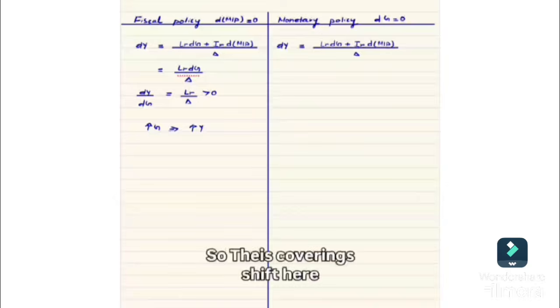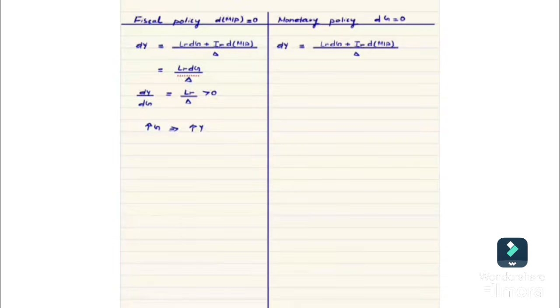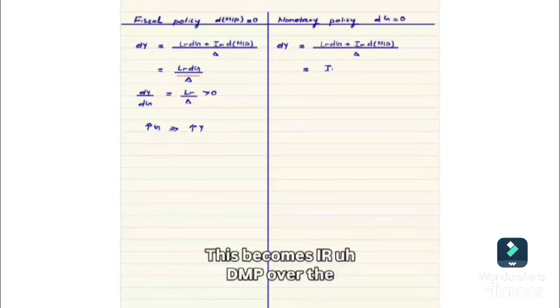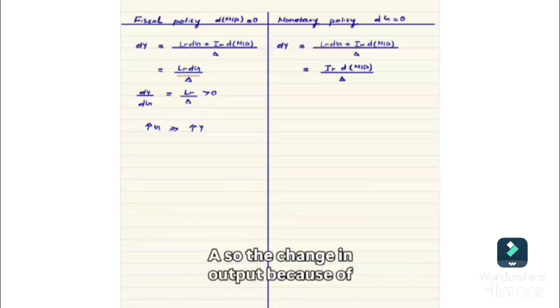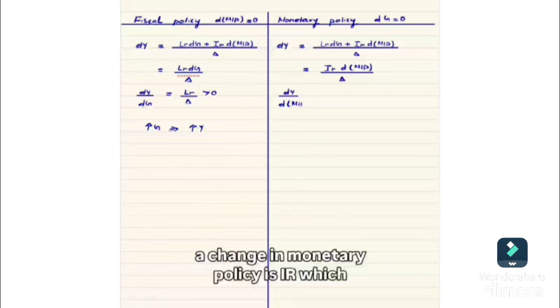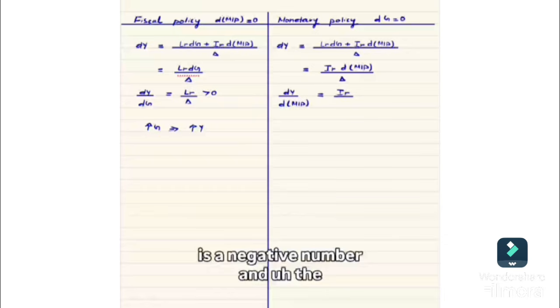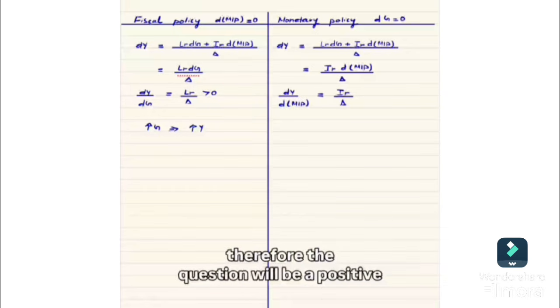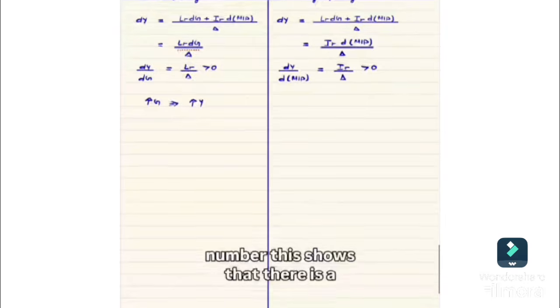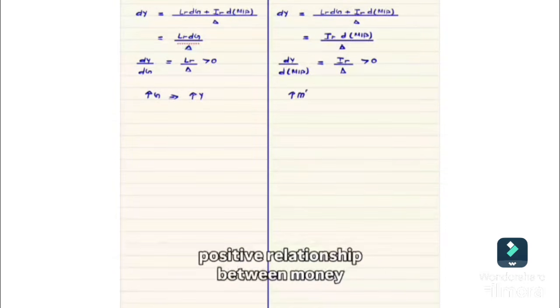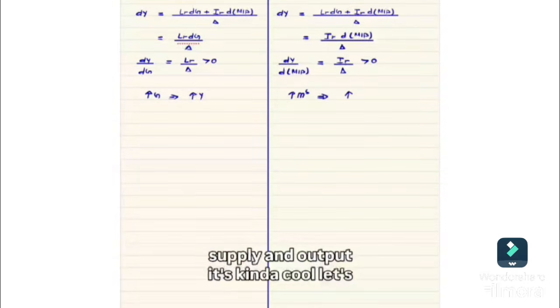This becomes IR dM over the determinant of matrix A. So the change in output because of a change in monetary policy is IR, which is a negative number, and the denominator is also a negative number. Therefore, the quotient will be a positive number. This shows that there's a positive relationship between money supply and output. It's kind of cool. Let's just see the impact on interest rate before we wrap things up.